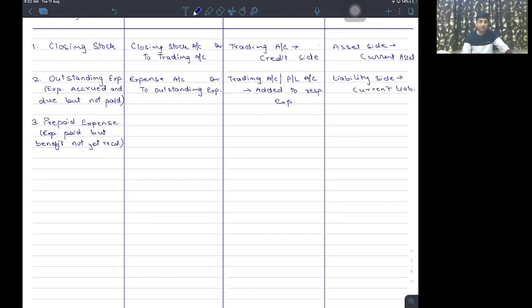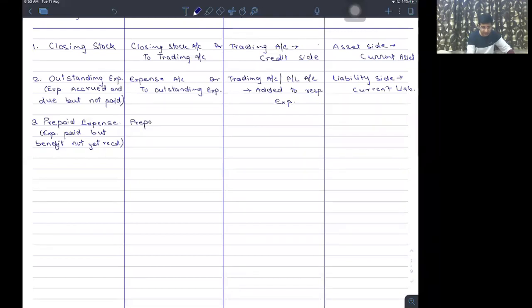Any account against which the benefit is receivable or to be given, the cash is receivable or to be given to a person, becomes a representative personal account. Got it? So accordingly, I have to reduce the expense of the current year and carry it forward as an asset, right?